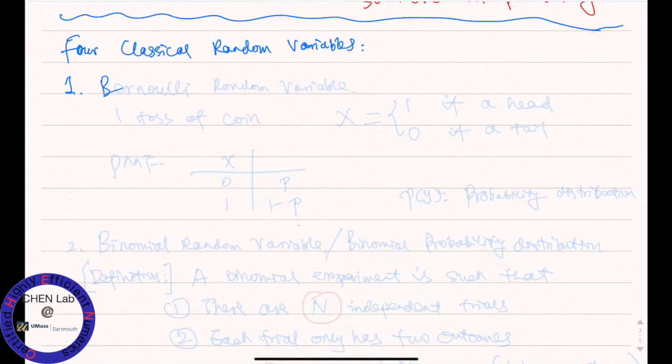The first one is the so-called Bernoulli, B-E-R-N-O-U-L-L-I, Bernoulli random variable. What that is, it's simply one toss of a coin. It can be simplified as a coin, but in reality, anything that's binary can be thought of as coin tossing. Is it rainy or not rainy?